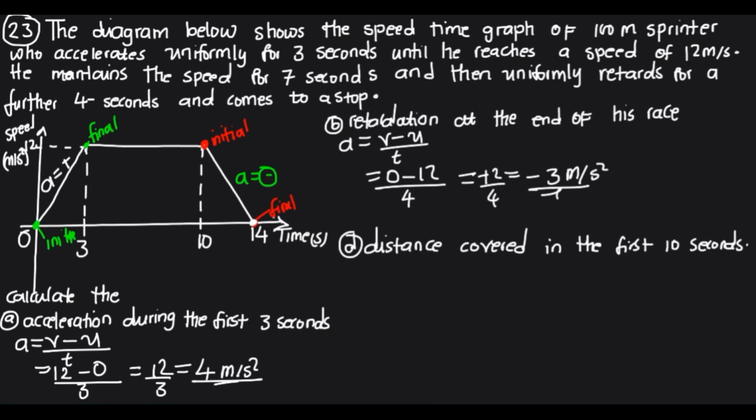We are looking for the distance covered in the first 10 seconds. So let's maybe draw. This is the distance that we are solving for, and from this we can see that we are dealing with a trapezium.